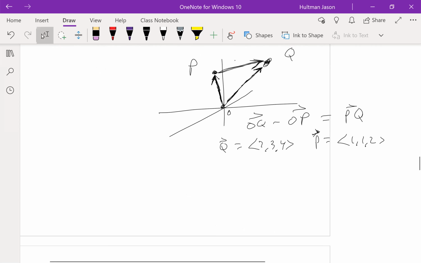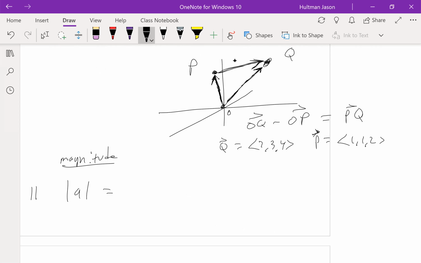Let's talk about the magnitude of a vector. In 2 dimensions, in R2, the magnitude of a vector is just going to be the distance from one vector to the other.